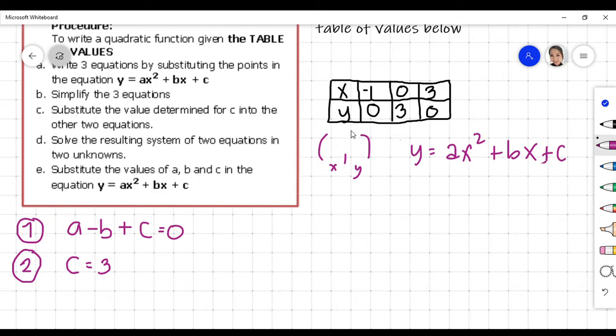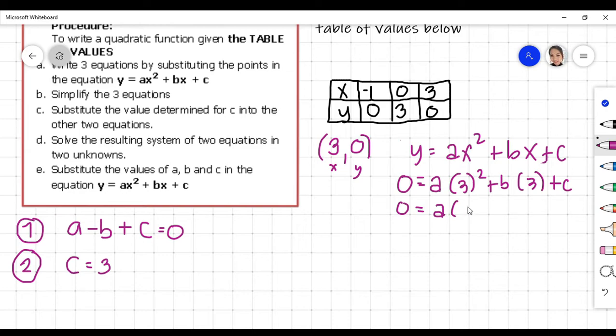For our third equation, it will come from the point (3, 0). So our x is 3, our y is 0. So substituting that, that is 0 equals a times 3 squared plus b times 3 plus c. So 0 is equivalent to a times 9, because 3 times 3 is 9, plus b times 3, that is 3b, plus c.